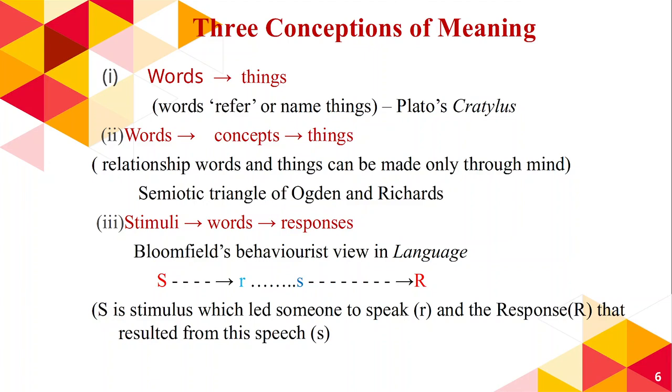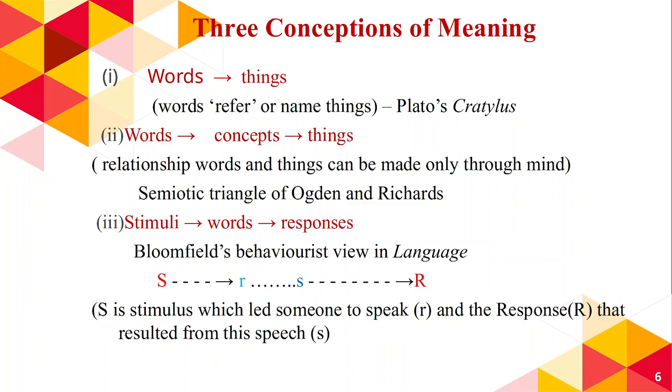Here capital S stands for stimulus, which can lead someone to speak, and small r is the response to it. The bigger R is the response that results from the speech. And Bloomfield has given the example of Jack and Jill.